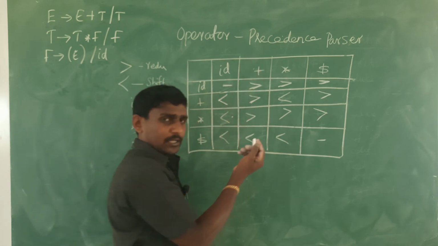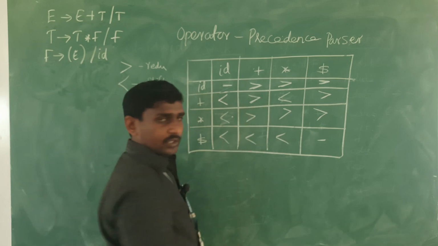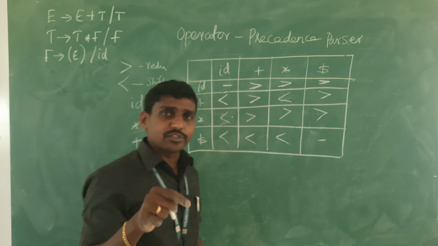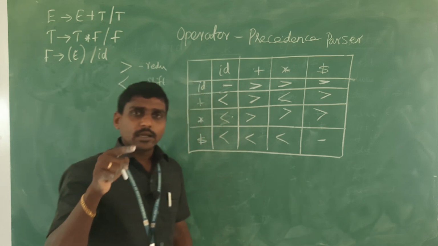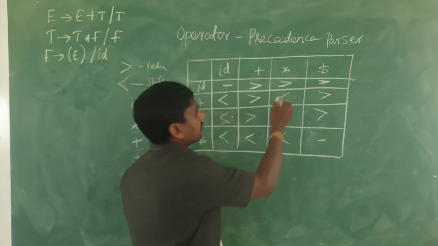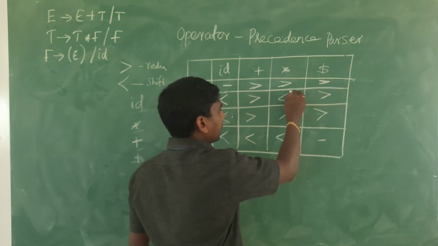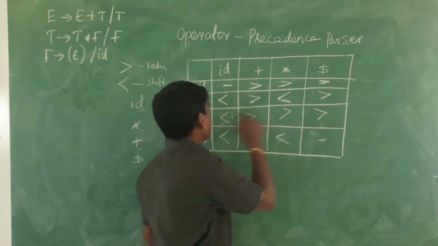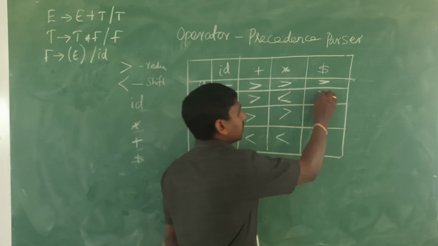Plus and plus: you put greater than. Plus and star: which is the higher precedence? Star, so we put less than. Plus and dollar: plus has the higher precedence, so greater than.